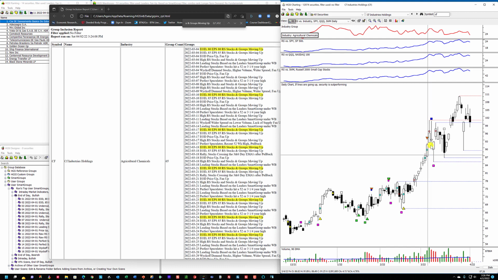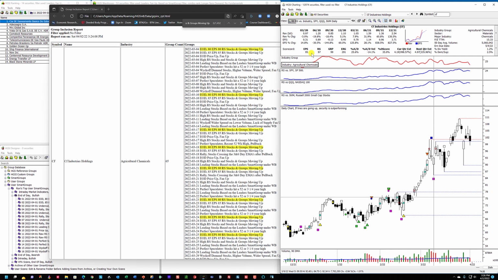You can see it moved up, pulled back, formed a low volume test, moved up again. It's been bouncing around between support and resistance, and it did break past resistance, and then it fell back, got overextended, but now it's still up in this area. Why? Because it meets the minimum requirements of 80-80. And the group had to be moving up that day.